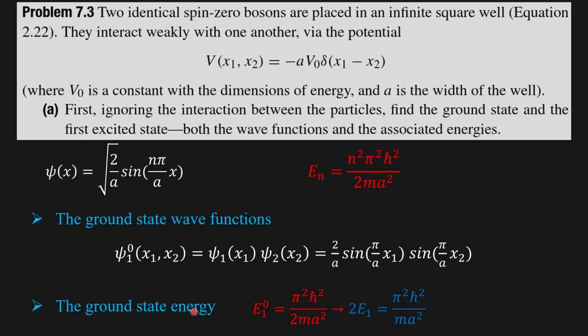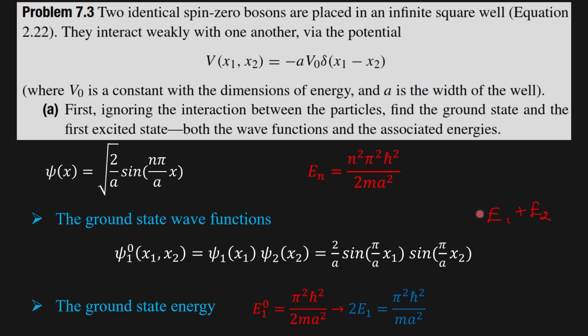So the ground state energy E 1 1 is equal to, with n squared being 1 for both particles, pi squared h cross squared over 2 m a squared when n equal to 1. Since the wave function is multiplicative, the energy is additive, E1 plus E2.